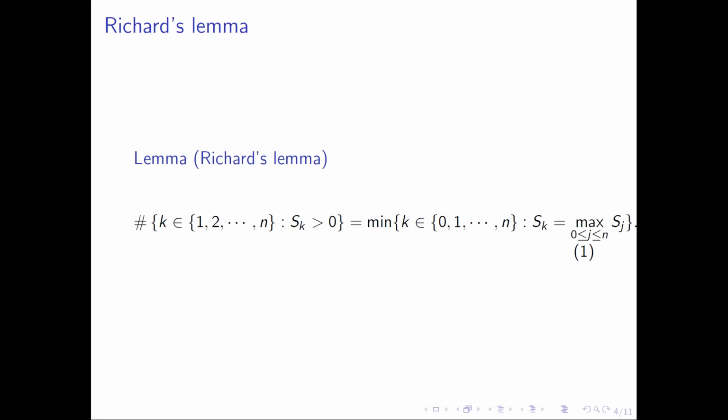And we showed that this is exactly equal to the first time the random walk achieves its maximum. There might be multiple maxima in the random walk, but you take the first time when it achieves this maximum. This is what is called Richard's lemma.